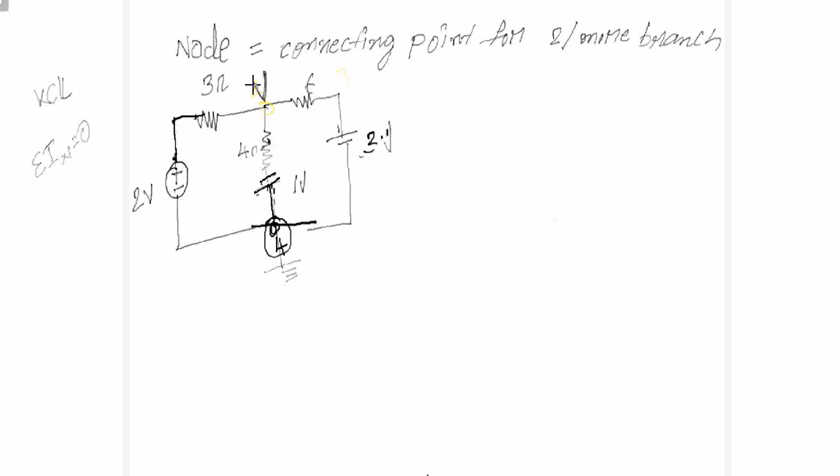Here we have considered node 2 as the non-reference node, and we are considering the voltage at this point as V. The better approach is to always consider the current as outgoing at the respective node.